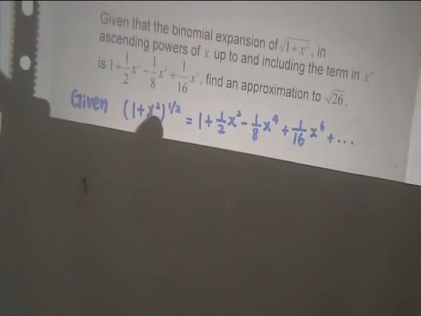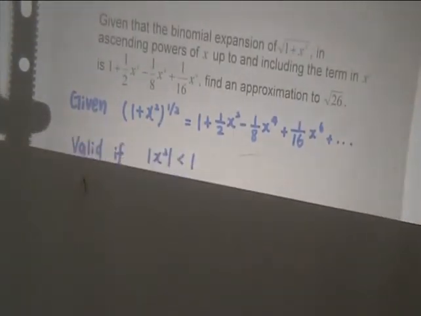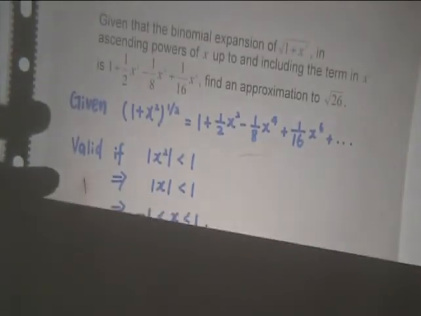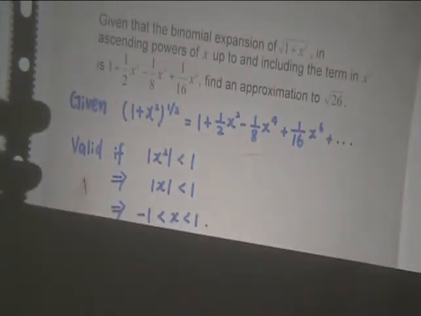So this expansion is valid if the modulus of x squared is less than 1. Because the modulus of x squared is less than 1, we can see that the modulus of x is also less than 1, and hence x is between minus 1 and 1.